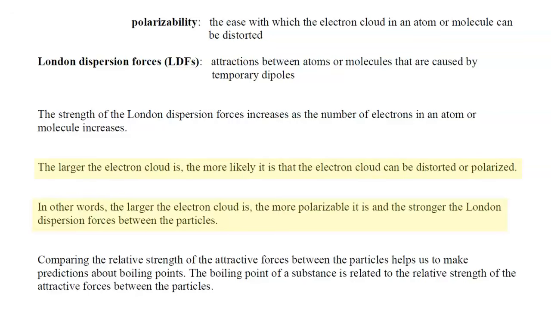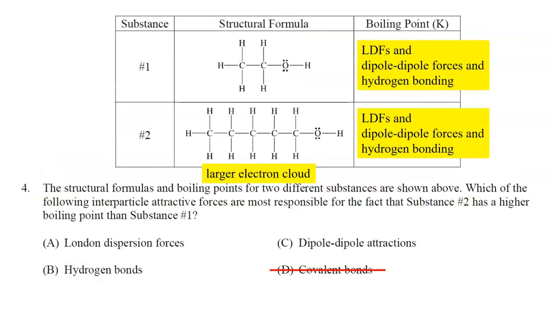In other words, the larger the electron cloud is, the more polarizable it is, and the stronger the London dispersion forces between the particles. Because substance number 2 does have a larger electron cloud than substance number 1, that would be the significant difference. So the correct answer to question 4 is London dispersion forces.